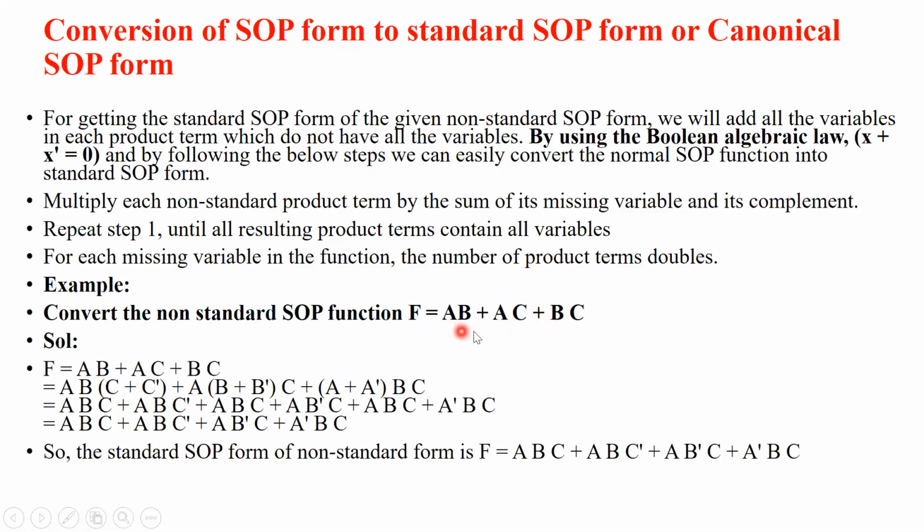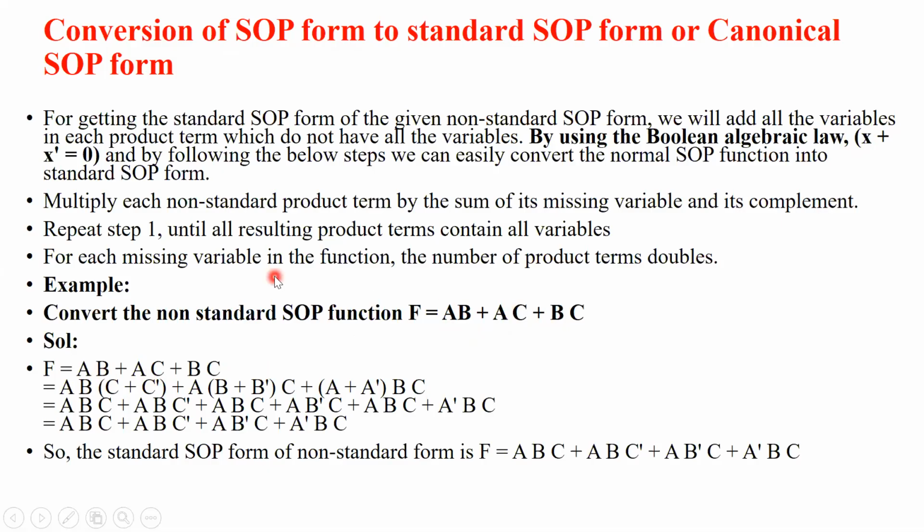So what I have to do now, whichever is missing, there I have to use this algebraic law, x plus x dash is equal to 1. So suppose I take the first term, I write the question as it is, AB plus AC plus BC. So here C is missing.